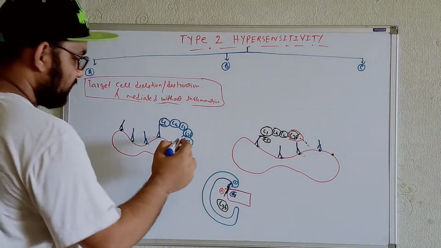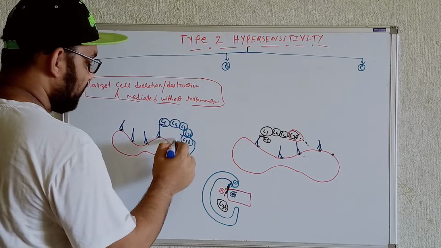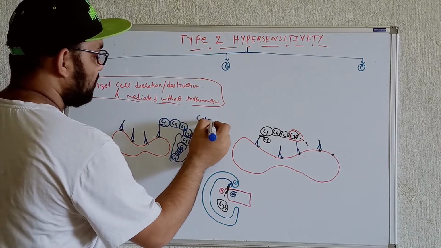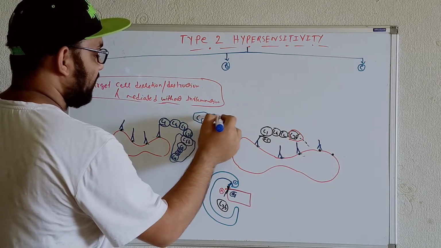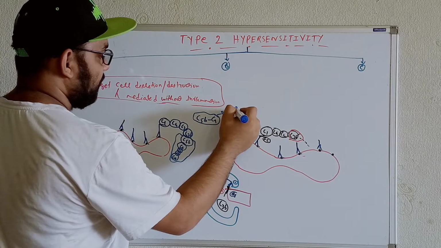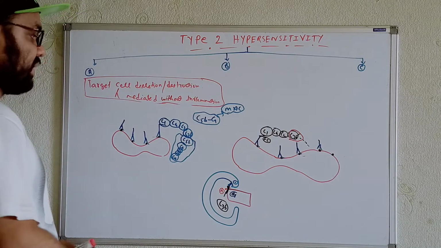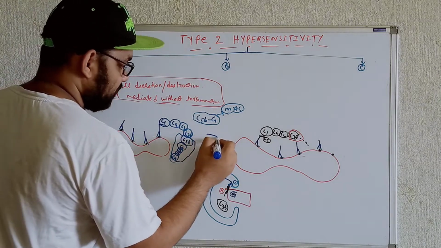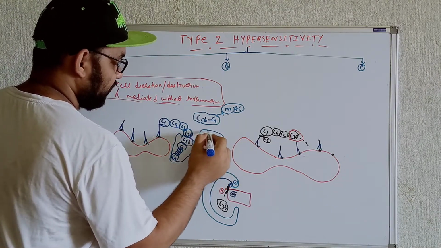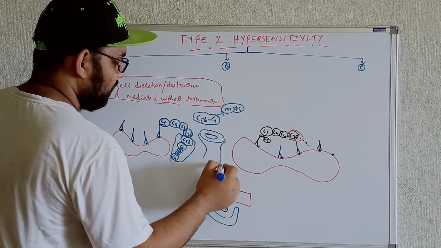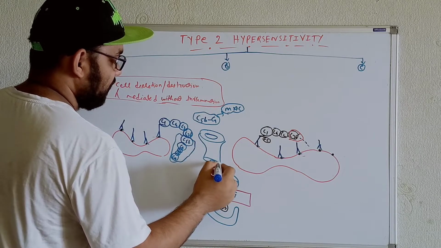Now from C5b to C9, try to understand, that will form what is known as the membrane attack complex. The C5b to C9 will form the membrane attack complex, and if we see, it will form a channel just like this.